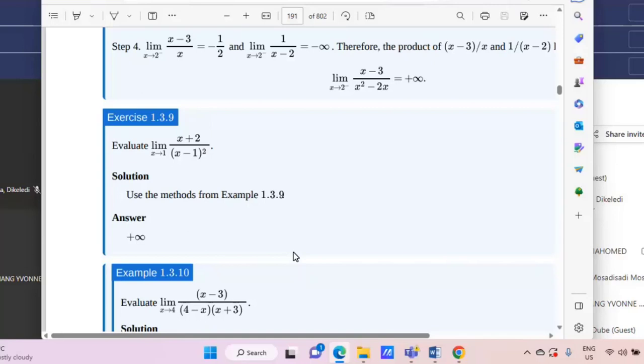The way to go is that we need to evaluate this limit when x approaches 4 from the left, and also evaluate it when x approaches 4 from the right. Am I making sense, sir?